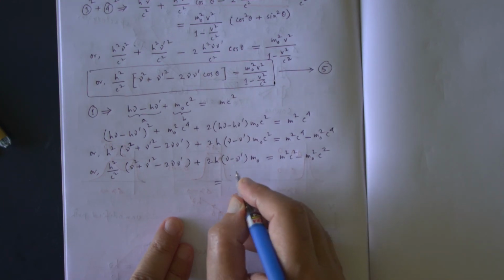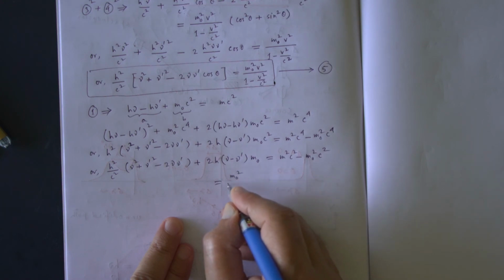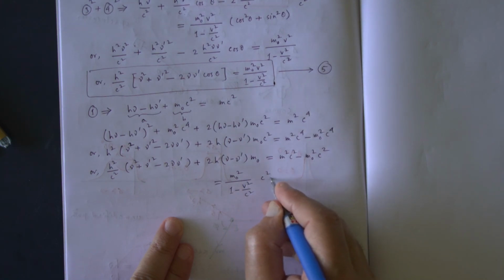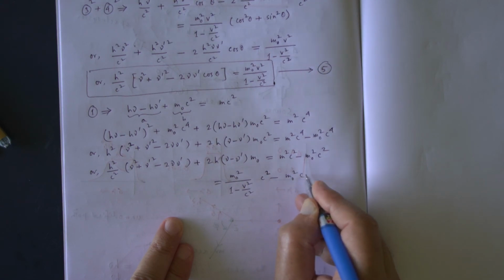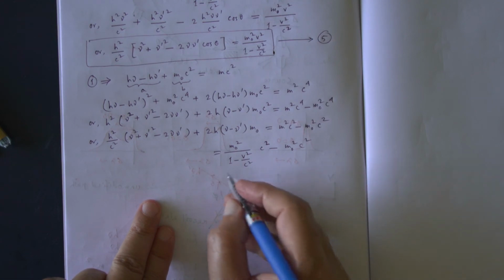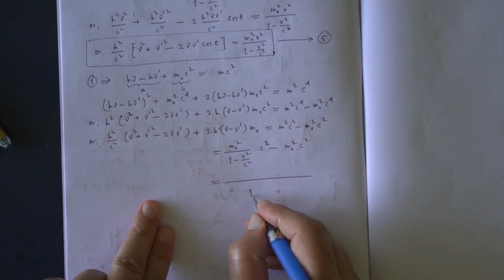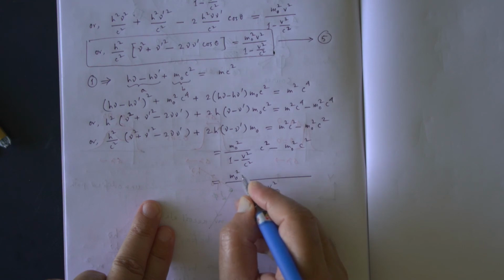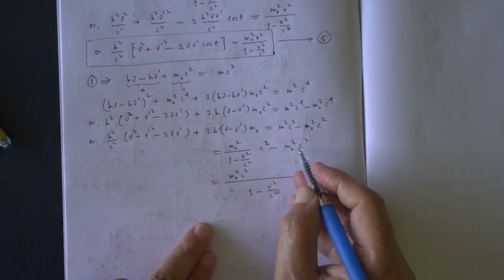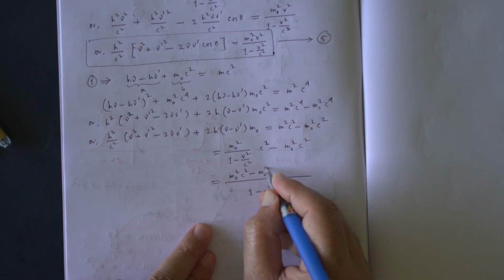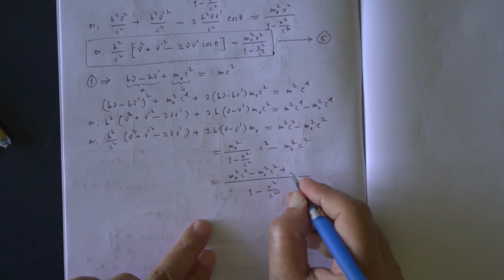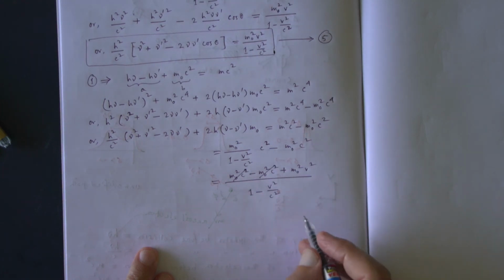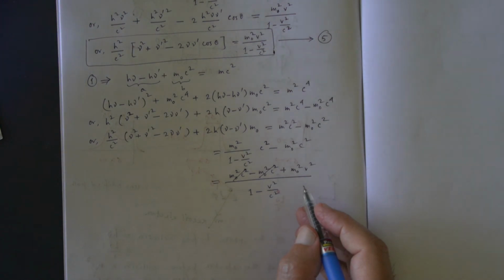We can write m naught square over 1 minus v square by c square, times c square, minus m naught square c square. Then this is m naught square c square over 1 minus v square by c square minus m naught square c square, which gives m naught square v square, so this will be cancelled, and we get this.